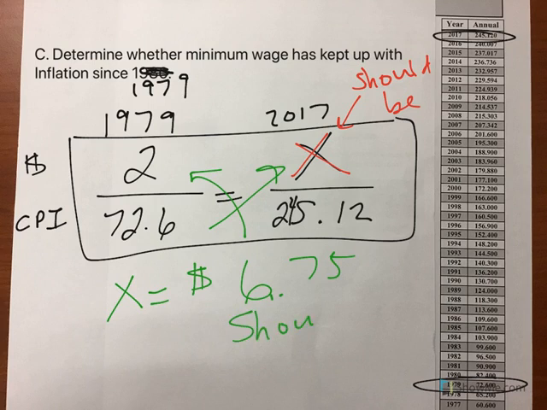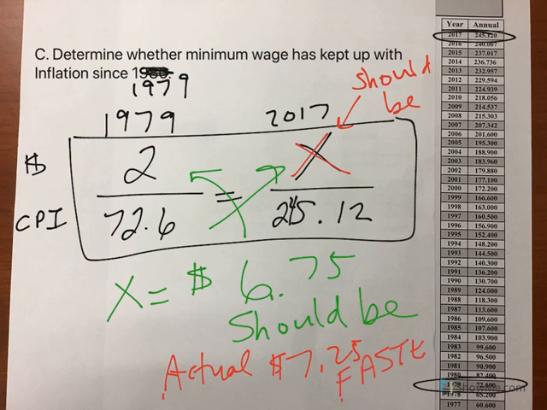So this is what the minimum wage should be if it kept up with inflation from 1979. Now we know the actual value is $7.25. So by this one calculation, the minimum wage has actually grown faster than inflation, because it should only be $6.75, but it's actually $7.25.